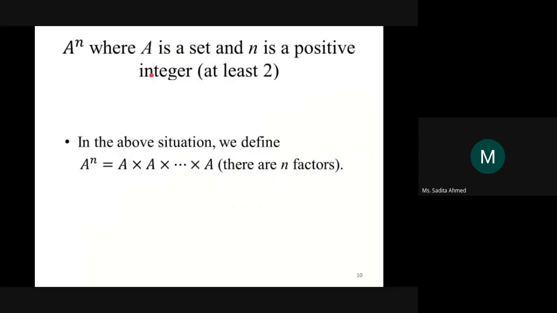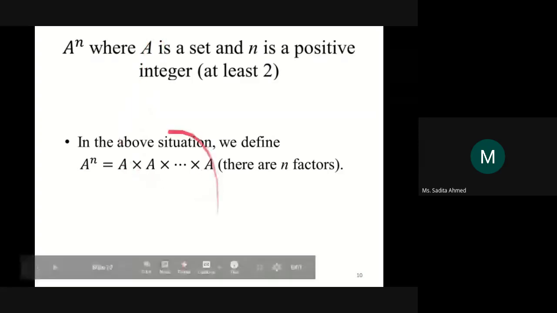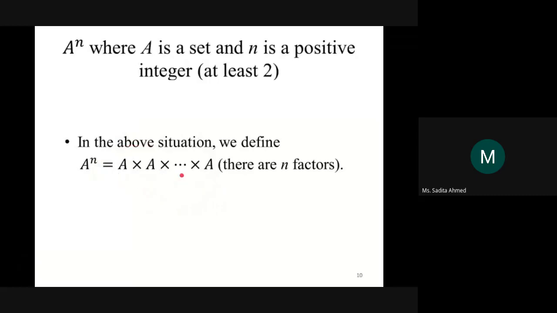So let's say we have any set A to the power of n, where n is a positive integer greater than or equal to 2. A to the power of n represents what? The Cartesian product of the set A with itself over and over again. And how many times would we do that? N times. So A, Cartesian product with A, Cartesian product with A, so on for n factors.